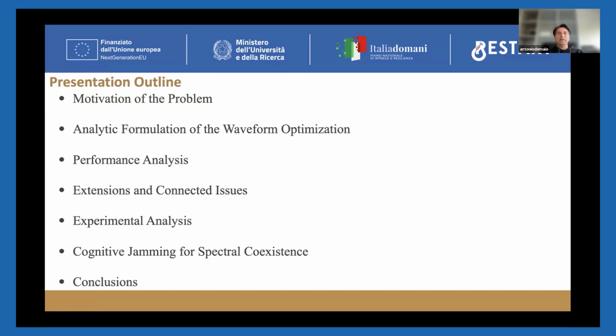Then something about the experimental validation, the concept of cognitive jamming and for spectral coexistence will be illustrated by Max. And finally, we will draw some conclusions and we'll see some possible future research avenues.